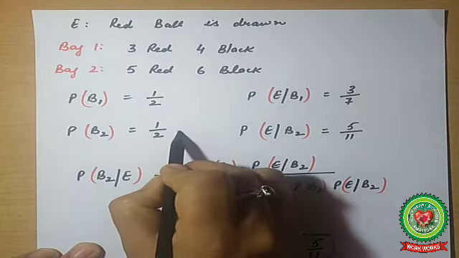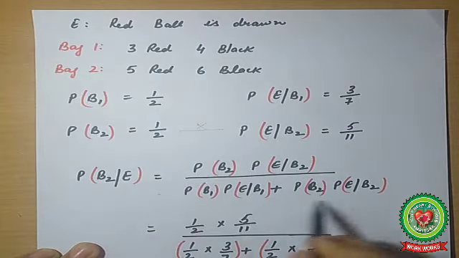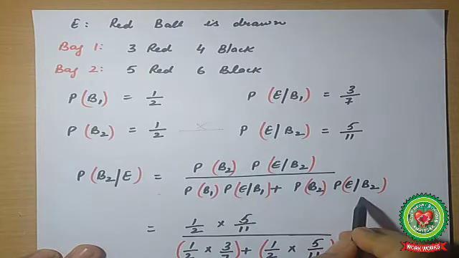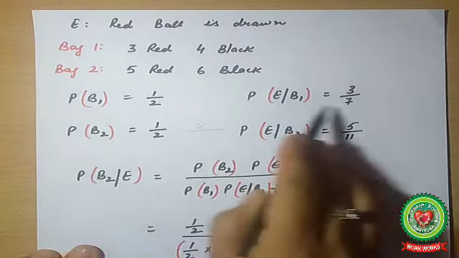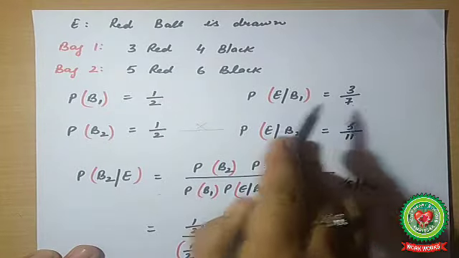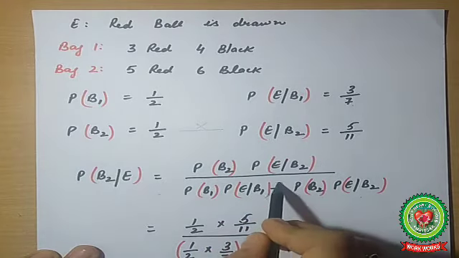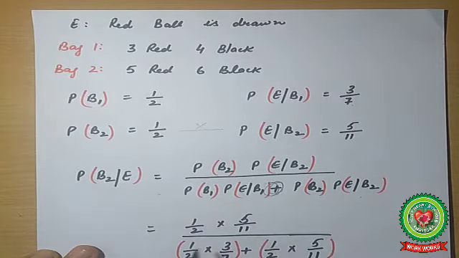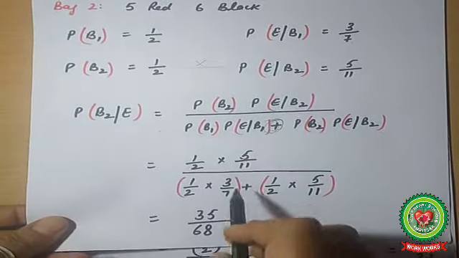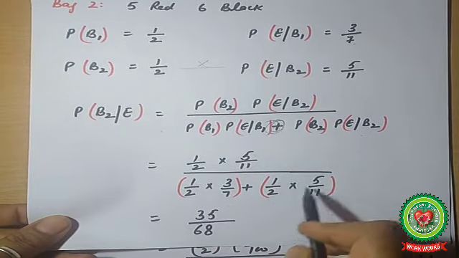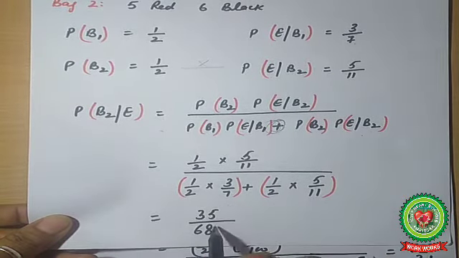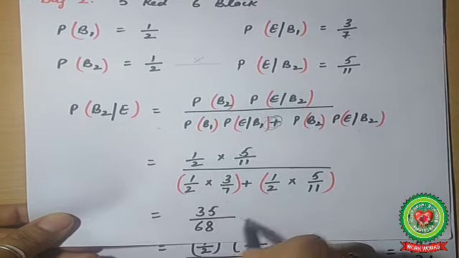These two are in multiplication form, and in the denominator, the total value, that is the total probability theorem, we will apply: P(B1) P(E with condition B1) plus P(B2) P(E with condition B2) with the positive sign. That is 1 by 2 into 5 by 11, divided by 1 by 2 into 3 by 7 plus 1 by 2 into 5 by 11. It will be equal to 35 upon 68.